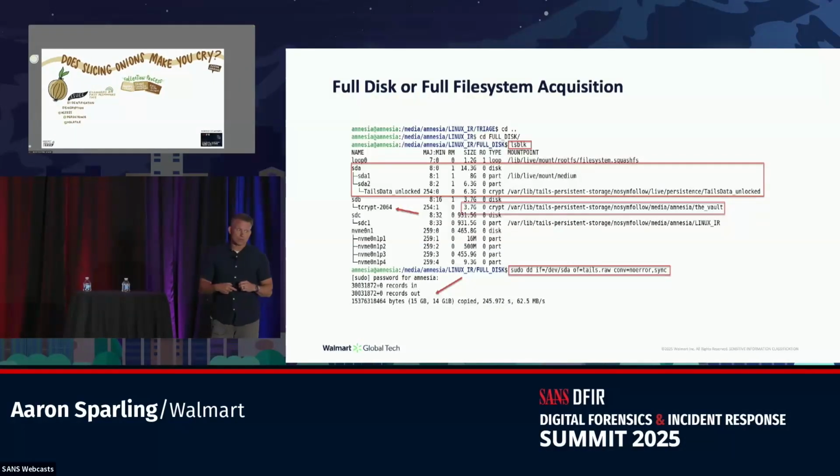We would come across that where they would have other devices attached to the physical device if they were booting Tails, and then they were transferring data from external media into their persistent drive. This was a way to recreate what we were seeing there. And then the bottom is just running the classic DD command and outputting that to a raw file.